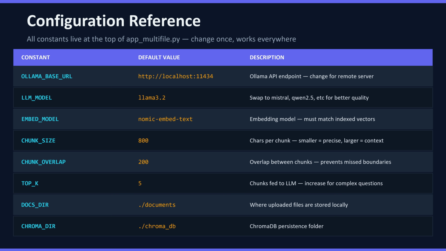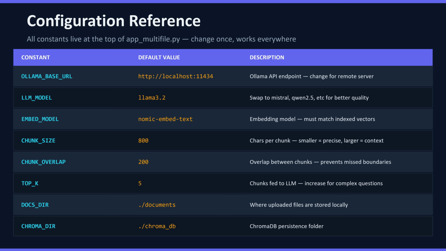So basically, OLLAMA_BASE_URL defaults to http://localhost:11434. This is the Ollama endpoint. If you are running Ollama on a remote machine or a different port, change this one constant and everything works. LLM_MODEL defaults to llama3.2.